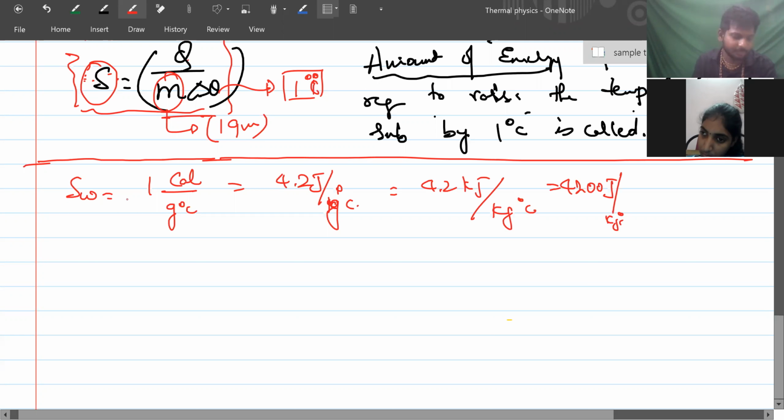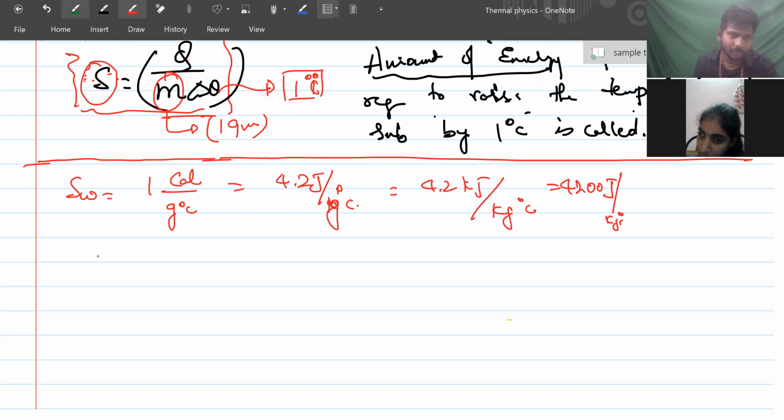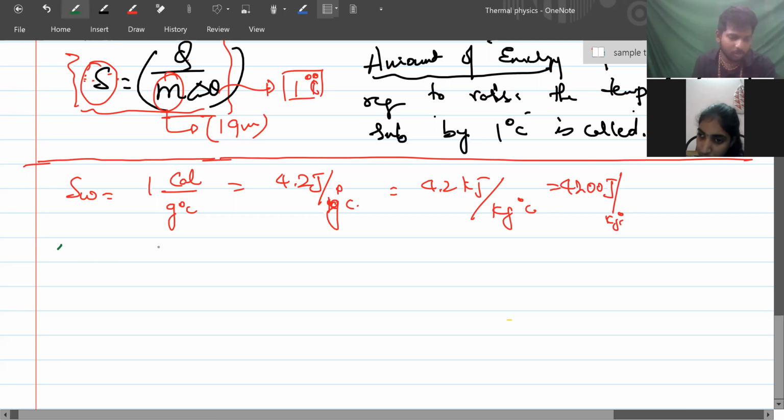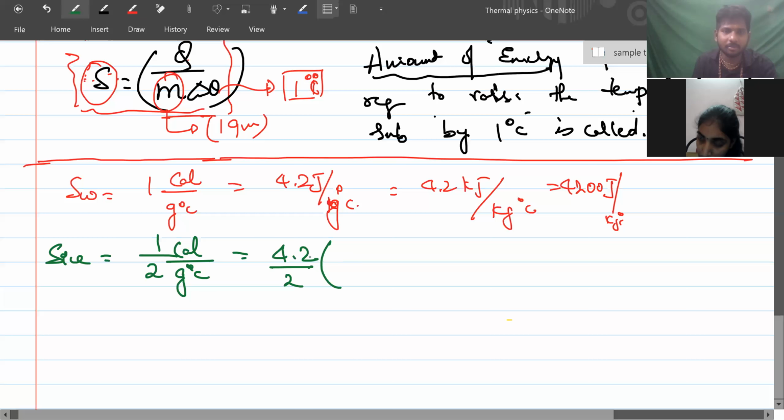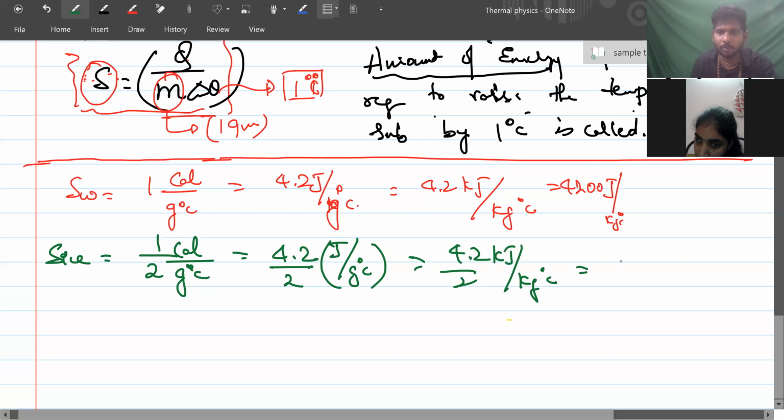That is the specific heat of water. Specific heat of ice is equal to half calorie by gram degree Celsius, 4.2 by 2, that is 2.1. I am trying to relate joule per gram degree Celsius. That is equal to 4.2 by 2 kilojoule per kg degree Celsius, equal to 4200 by 2 joule per kg degree Celsius.